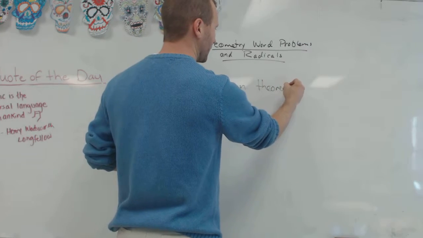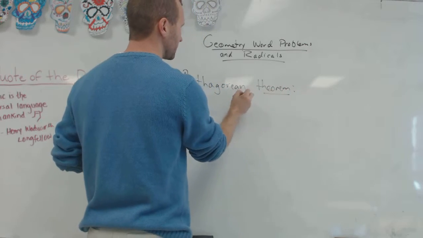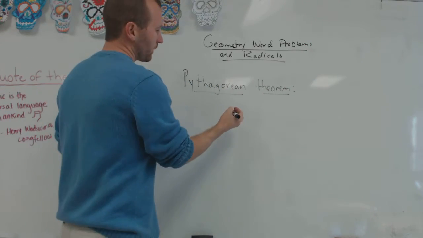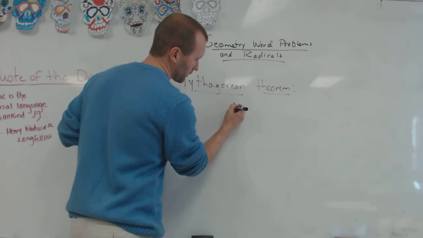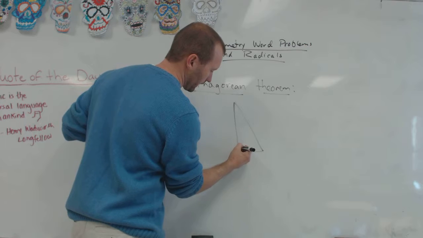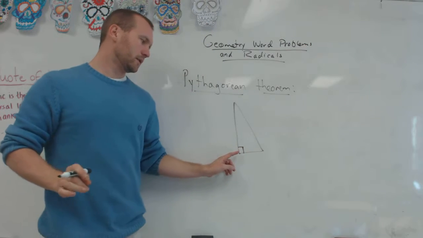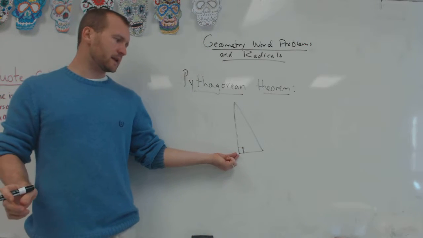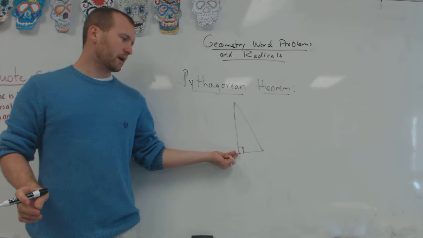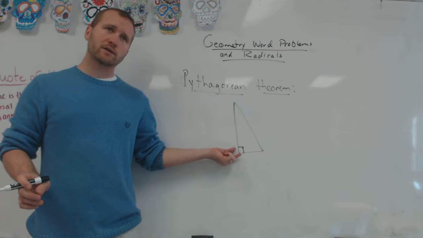And there's a lot of ways that you'll see this in word problems. You always know that they're talking about the Pythagorean theorem when a problem is talking about a right triangle. So when two things meet at a 90-degree angle, two legs of a triangle, they form a right triangle.